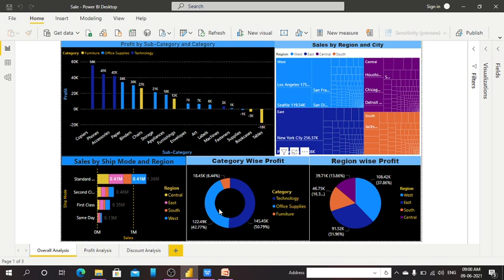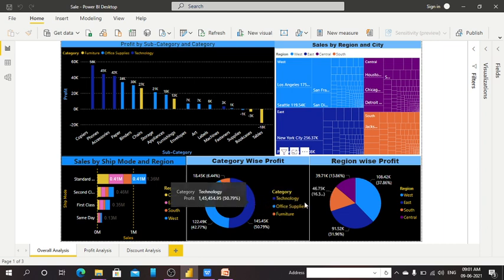Next, I am analyzing category-wise profit. On this plot it is very prominent that the furniture category has the lowest profit, and technology has very good profit category-wise.